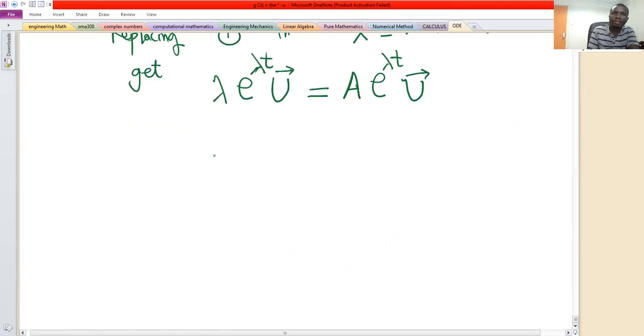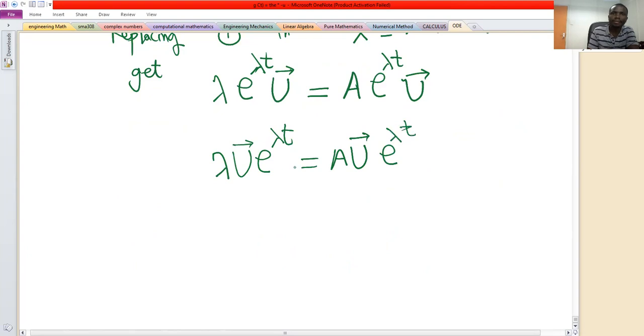And so this can be written as lambda u e raised power lambda t equals A u e raised power lambda t.